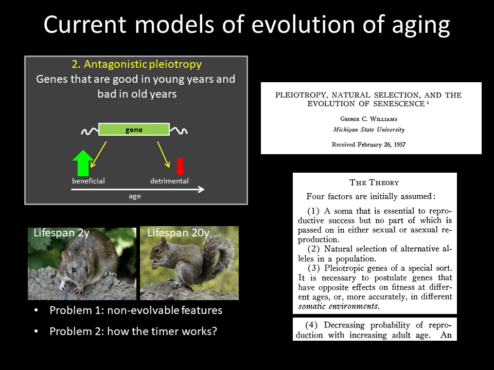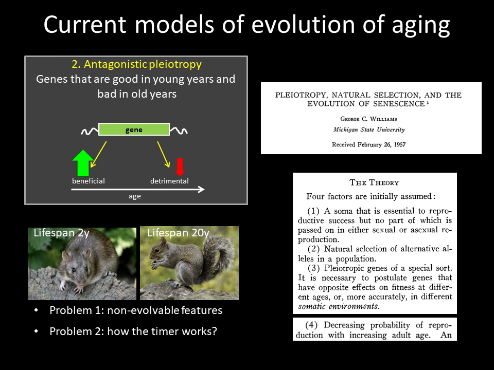Natural selection, we agree. Then the third point, pleiotropic genes of a special sort. It's necessary to postulate genes that have opposite effects on fitness at different ages, or more accurately, in different somatic environments. Whatever. So this first postulates non-evolvable features, which is very suspicious, right?